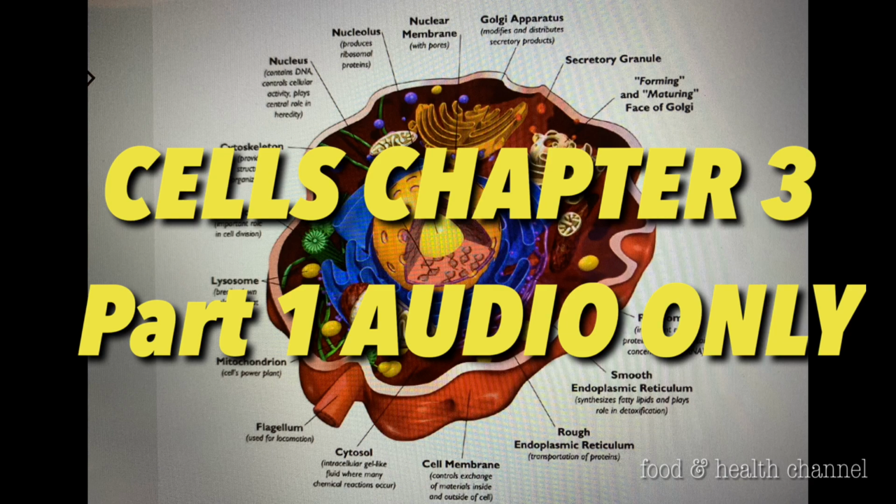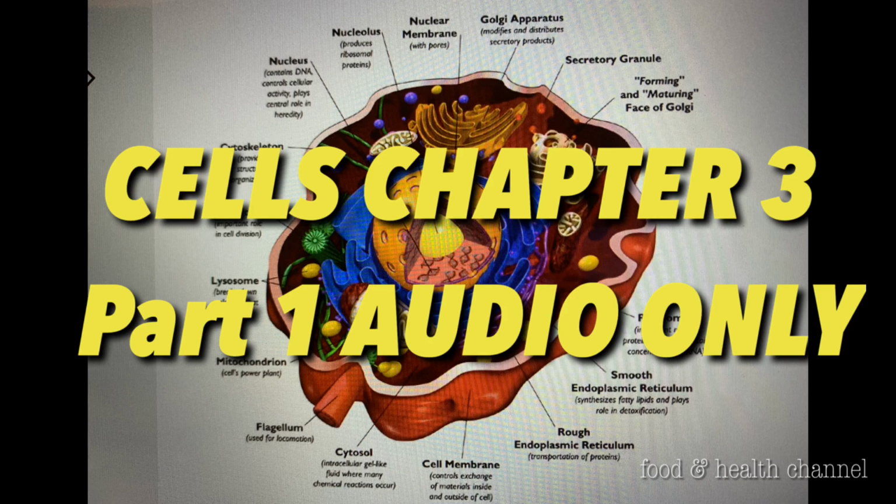Mitochondria. The mitochondria are tiny and slipper-shaped organelles. The number of mitochondria per cell varies depending on the metabolic activity of the cell, how hard the cell works.